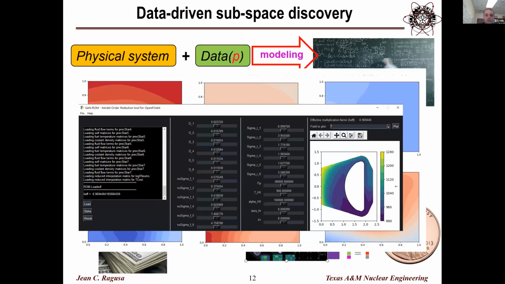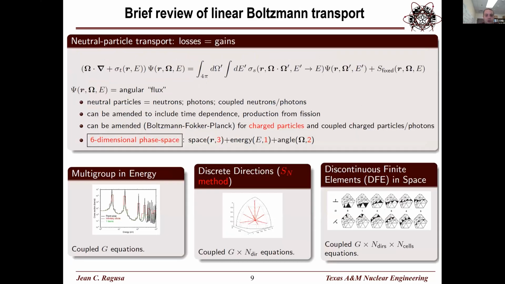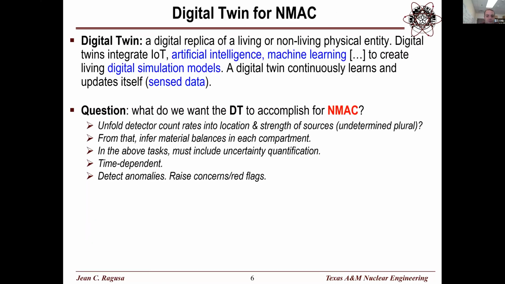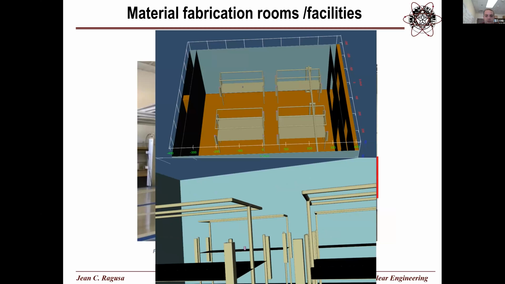Yeah, let me just show you why we're still going with maybe a more classical method of snapshots, and then discovering the subspace that we should be using for a parametric family of solutions. And here the parameter is where the sources are, where they move in the glove boxes.